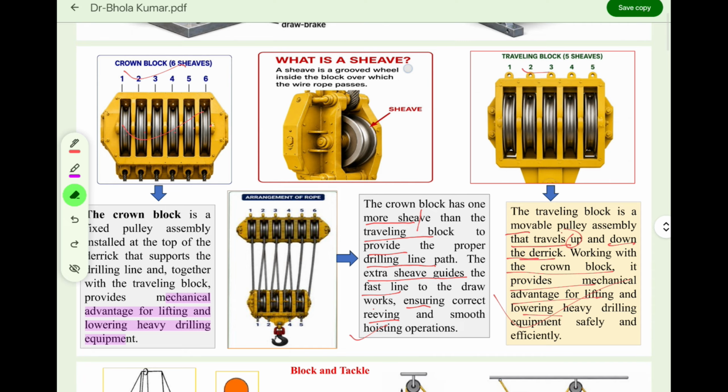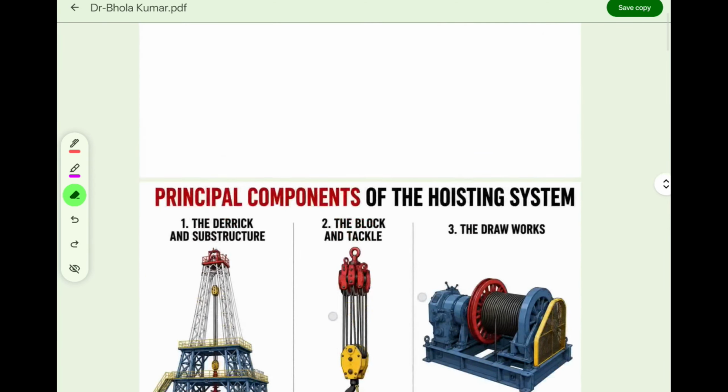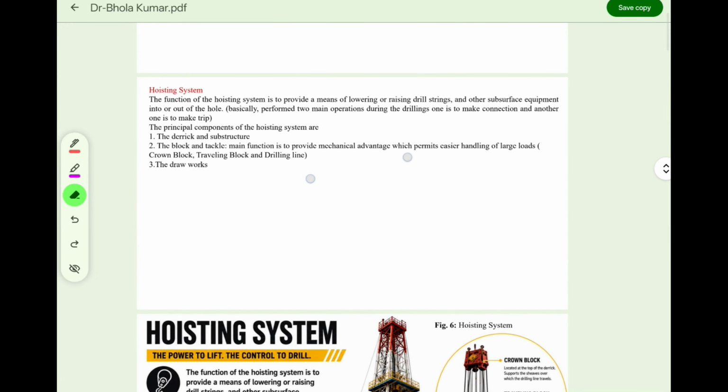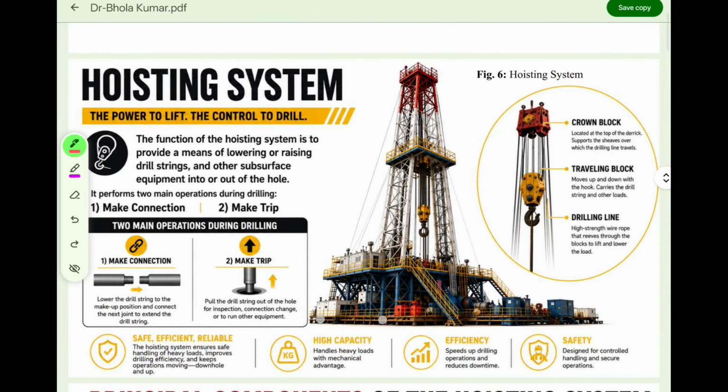These 3 components, if you observe carefully in the previous diagram, make up the block and tackle system, whose main function is to provide the mechanical advantage, which permits easier handling of large loads. So what are the components of the block and tackle system? Crown block, traveling block and the drilling line, right? Crown block, traveling block and the drilling line. These are the things.